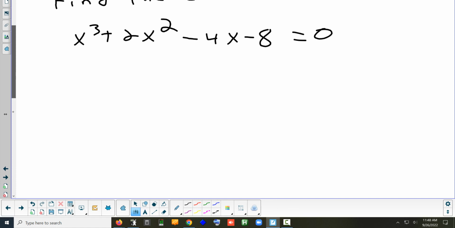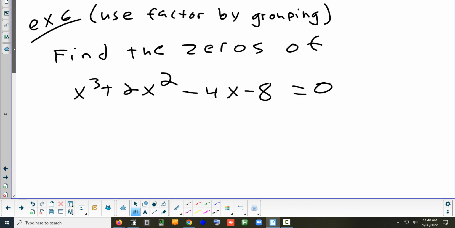And last one. So finding zeros by factoring and then finding zeros by the graphing calculator, which we've done before. But let's try this. I don't think we've reviewed this in this class. When you have 4 terms, factor by grouping is one way you can do it. To factor by grouping, you take out what you can from the first 2, and then take out what you can from the second 2.